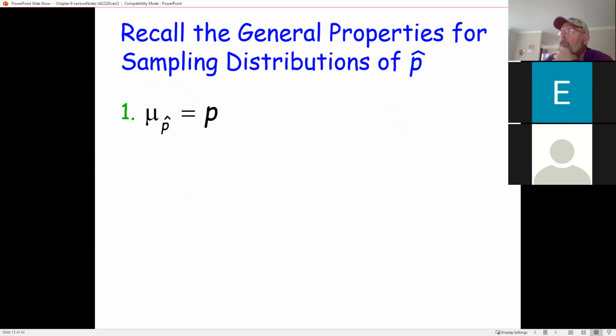Okay, so let's recall the properties that go along with a sampling distribution of p hat. The average of many p hats will be the same as the population p.